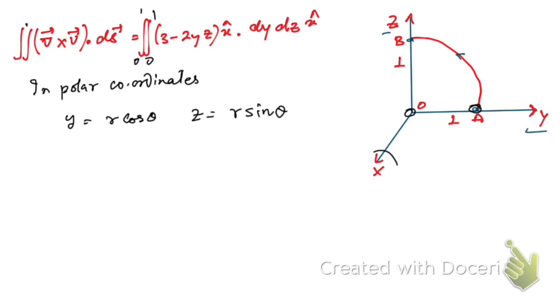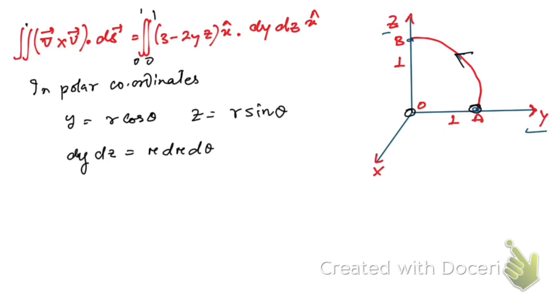We are not going to consider x because this is on the yz plane. And this area element dy dz will be given by r dr d theta.